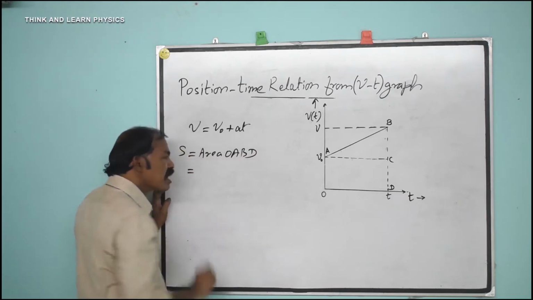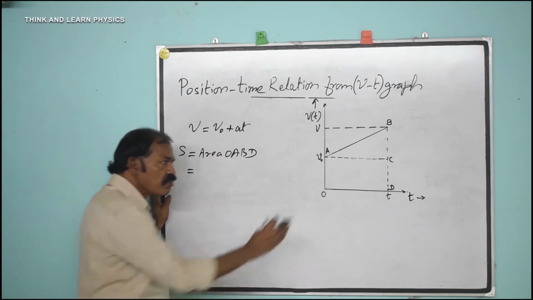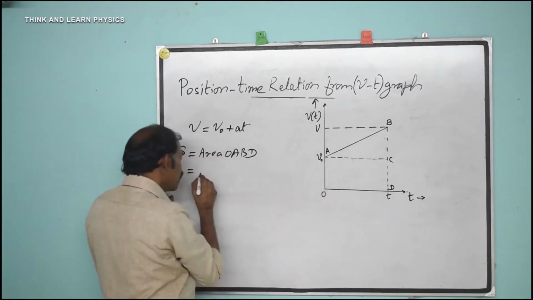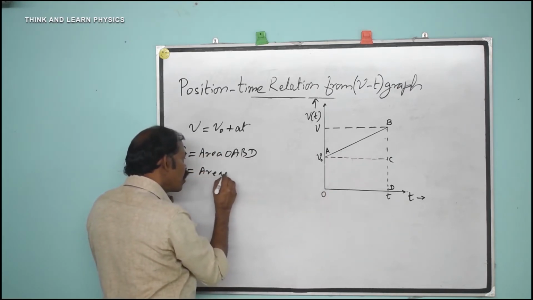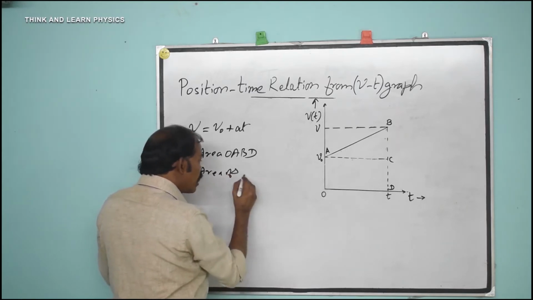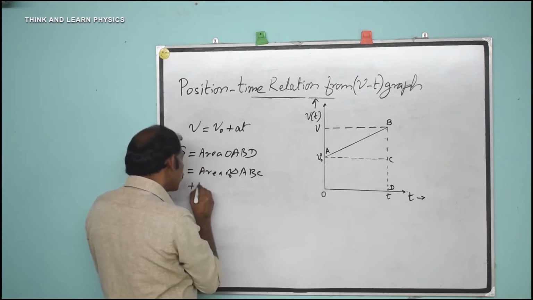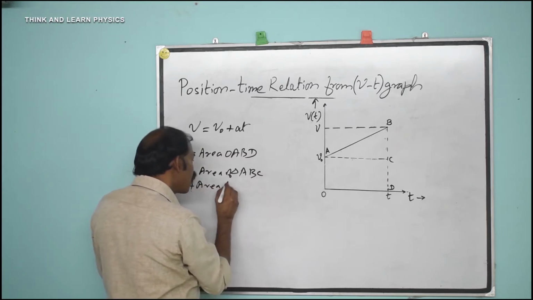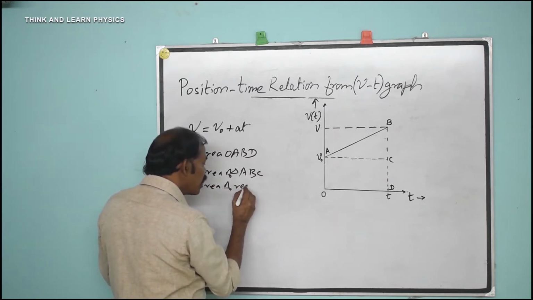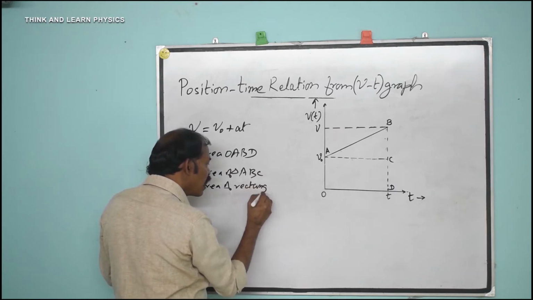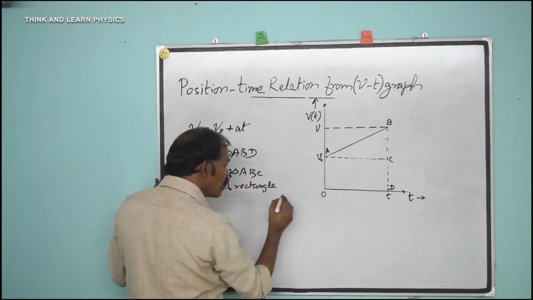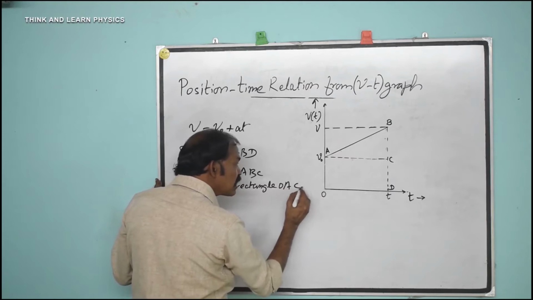and this area can be written as the sum of the area of triangle ABC plus the area of rectangle OACD.